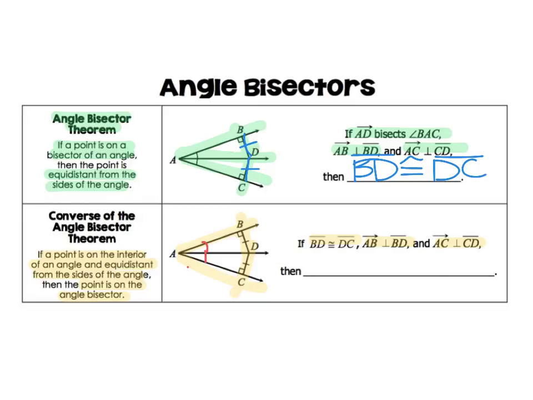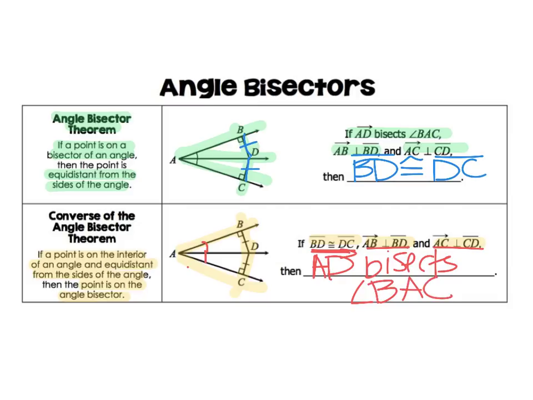So formally what we would write is, if we know that the point is equidistant from the sides, that's this right here, and they're perpendicular, then we can say that AD is an angle bisector, or AD bisects angle BAC.